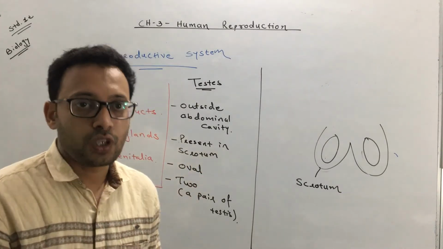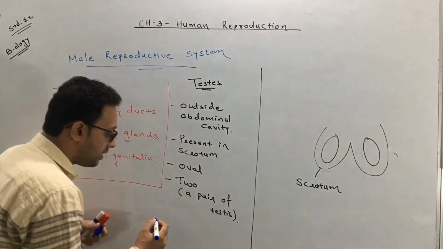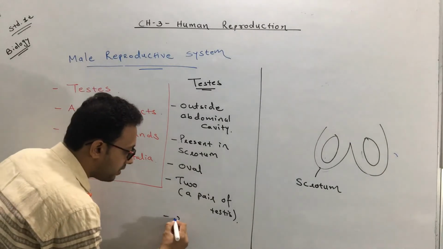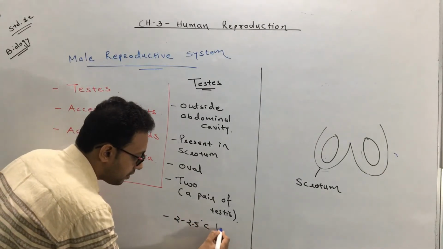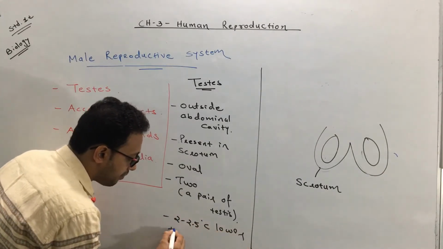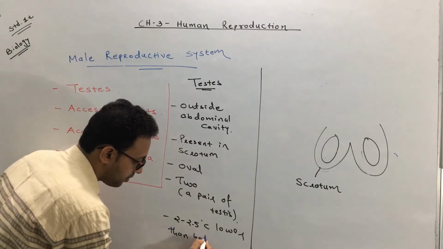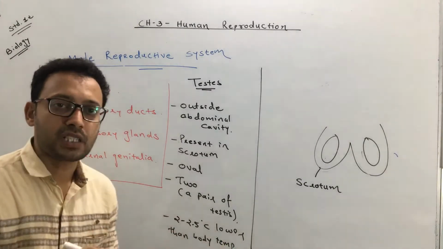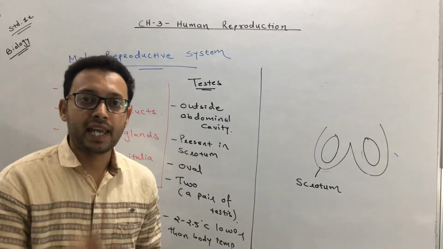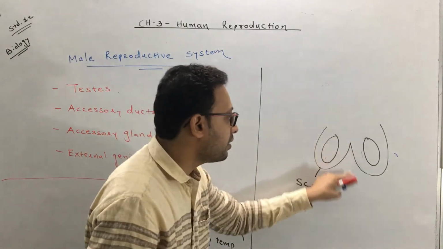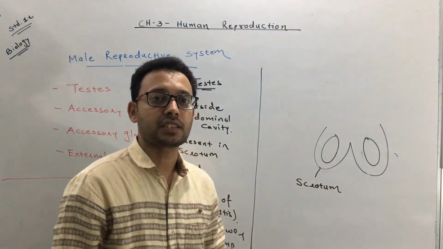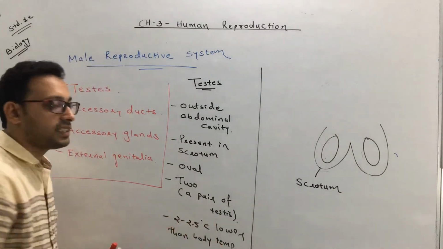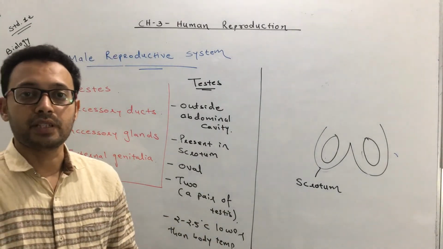And the scrotum helps to maintain a temperature 2 to 2.5 degrees centigrade lower than body temperature. Clear? What is the function of this scrotum? Why are they present in a scrotum? Because this pouch-like structure helps the testes maintain their temperature 2 to 2.5 degrees centigrade lower than body temperature.